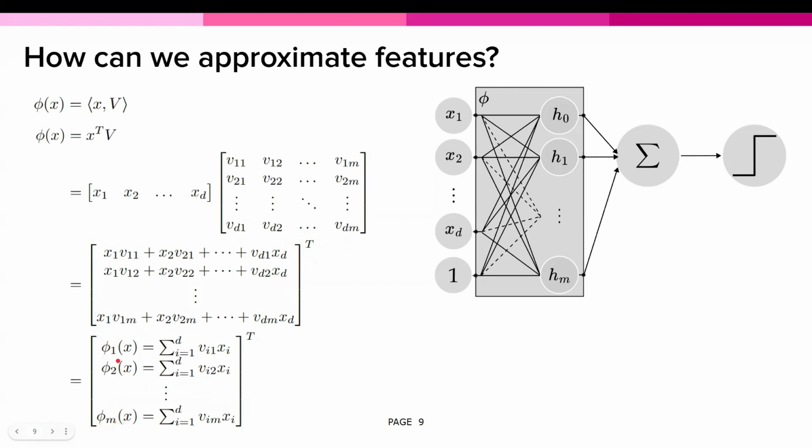So we now have M features, where each is simply the sum over i from 1 to D of vij xi. Right, so every one of our original input features contributes to each new feature, as a linear weighting of those input features.